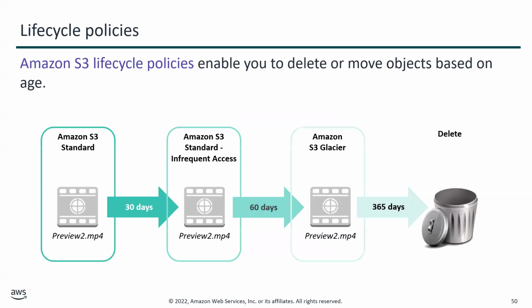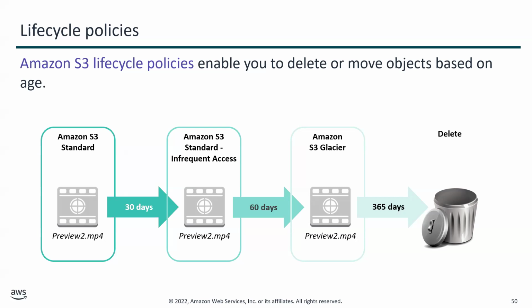Lifecycle policies, as you can see here, enable us to delete or move objects based on age. For example, this is S3 Standard, the bucket we just saw, and there is some data. You can set up lifecycle policies such that after 30 days, it moves to Amazon S3 Standard Infrequent Access.